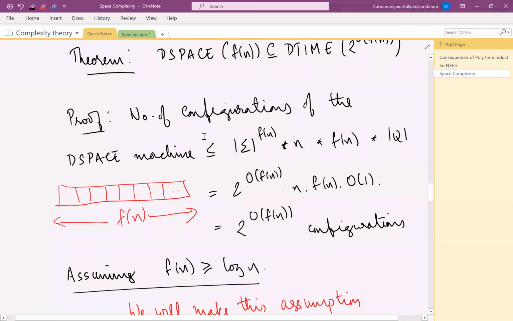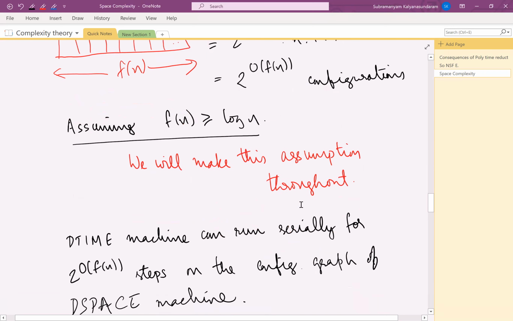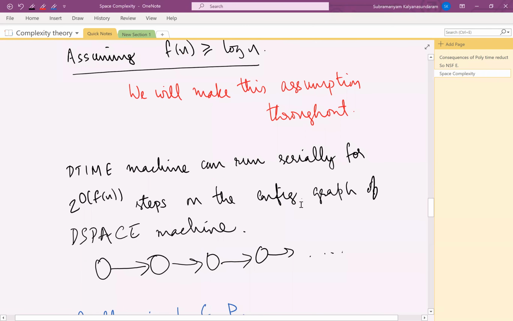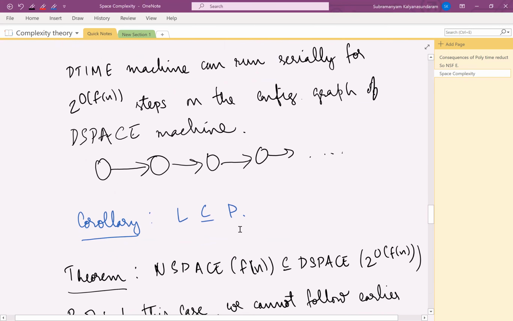So the number of configurations is still the same because this calculation did not use any deterministic or non-deterministic things. But what about this proof is using the fact that it is deterministic? Where we use deterministic is at this place, that every configuration has a unique successor.